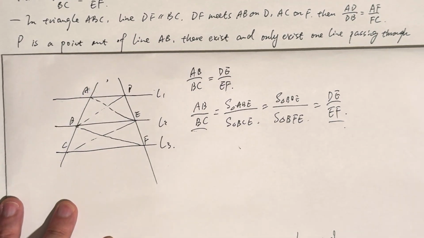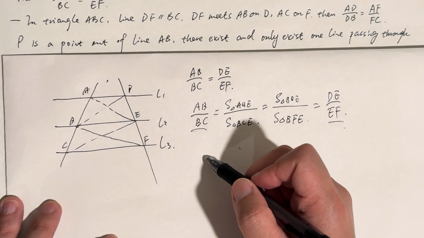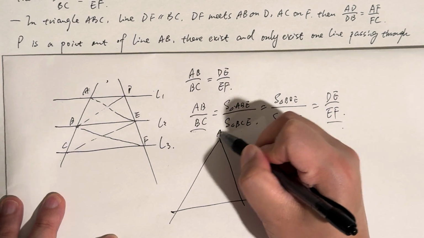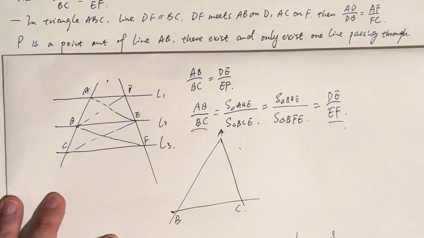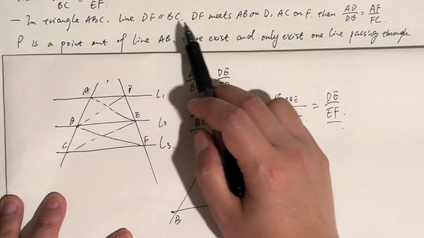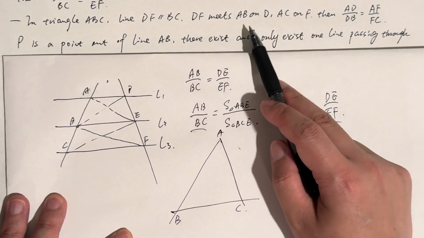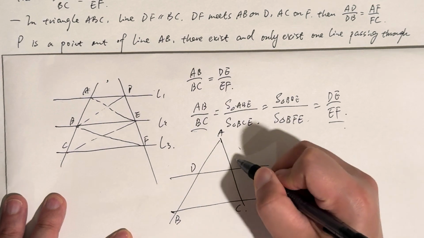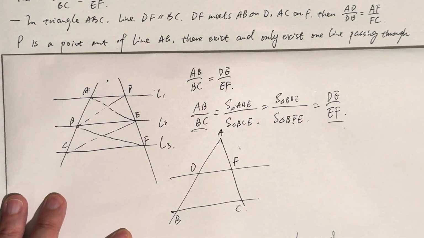In triangle ABC, DF is in parallel with BC. DF meets AB at D, AC at F. This is DF, right?